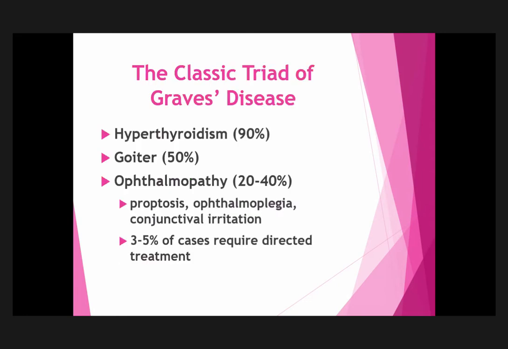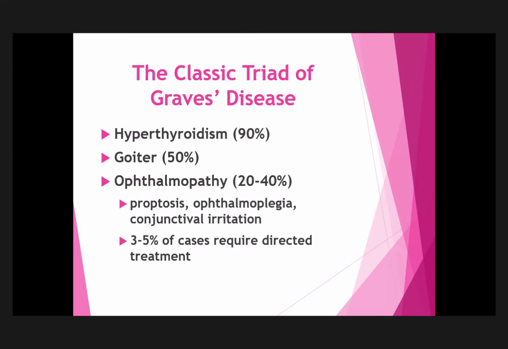Classically, symptoms of Graves' disease include hyperthyroidism, of course. In 90% of cases, people with Graves' disease have specific symptoms of this condition: elevation of thyroid hormones and classical symptoms of the disease. 50% of people have goiter, enlargement of the thyroid gland, but not all of them.